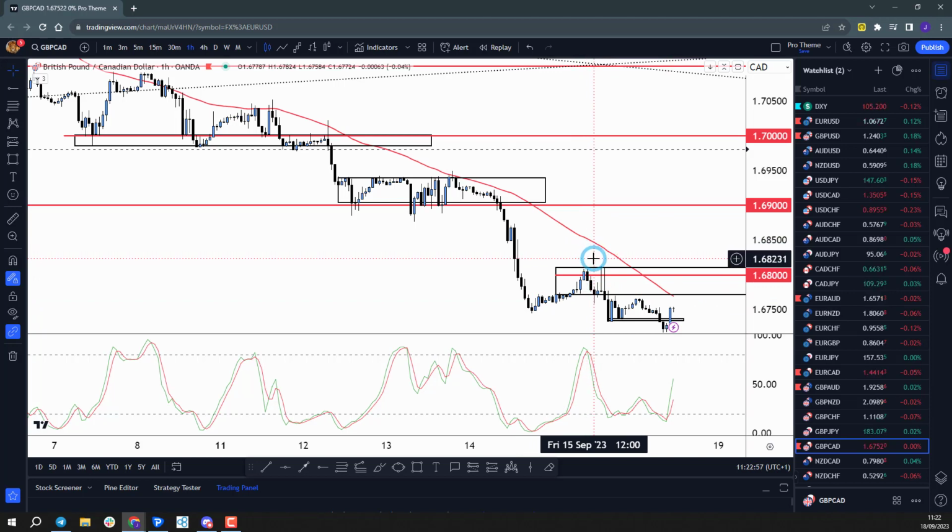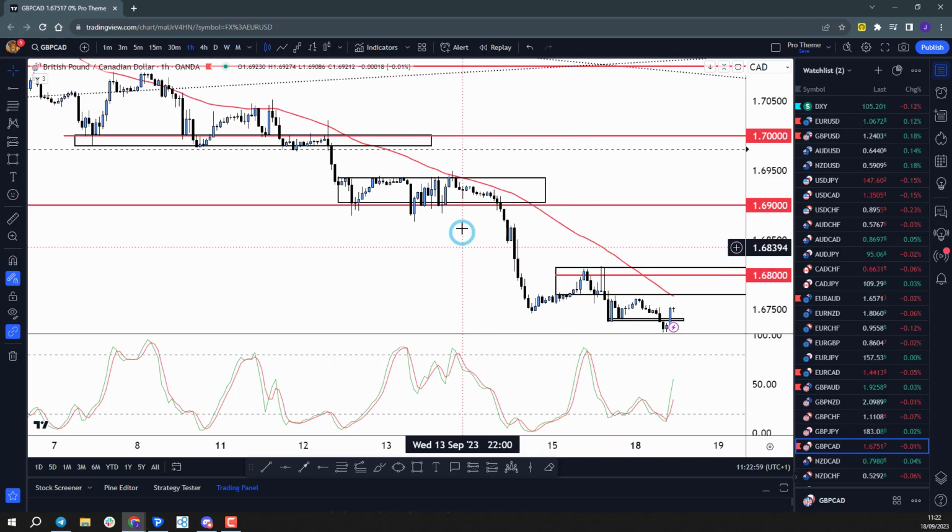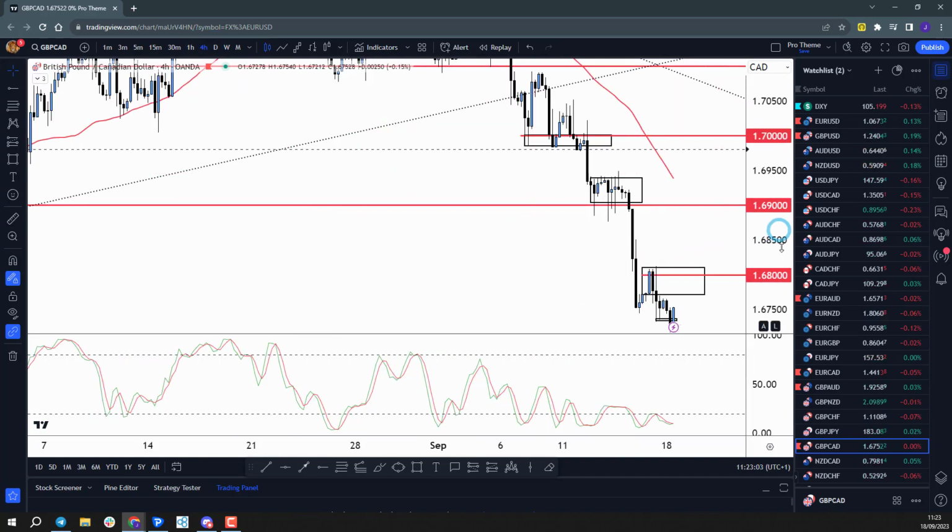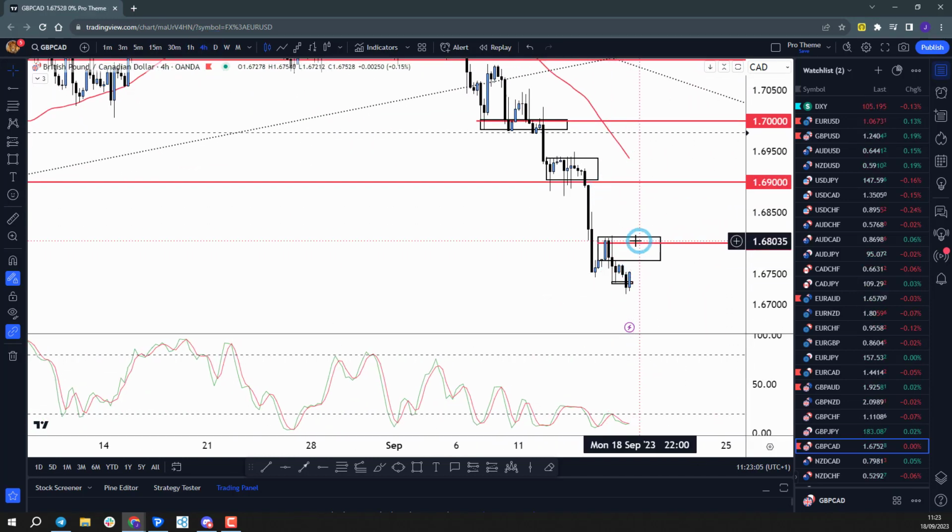So yeah, didn't quite get that entry that I was looking for on this particular market because that alert didn't go off. But like I said, I'm just going to monitor this one.